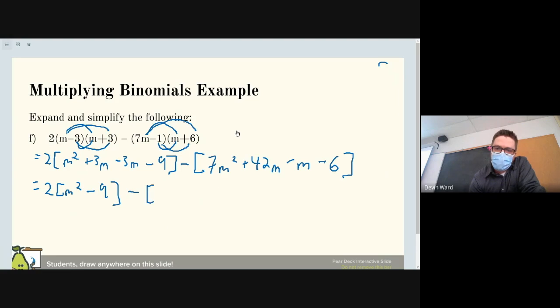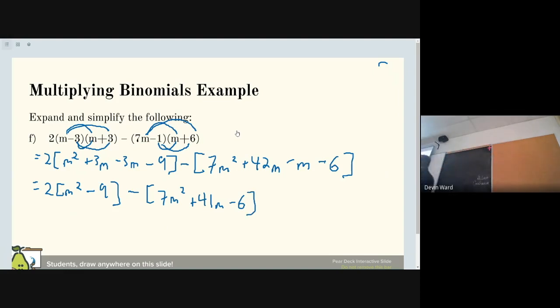Minus 7m squared plus 41m minus 6. Because positive 42m minus 1m is 41m. Okay, because you just have 42 minus 1. Keep the m's consistent.